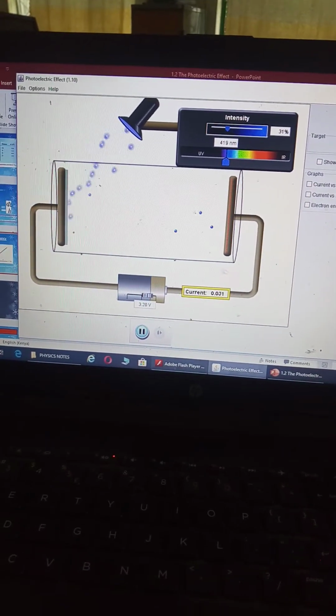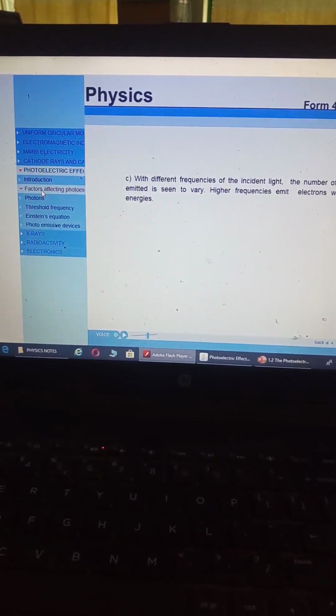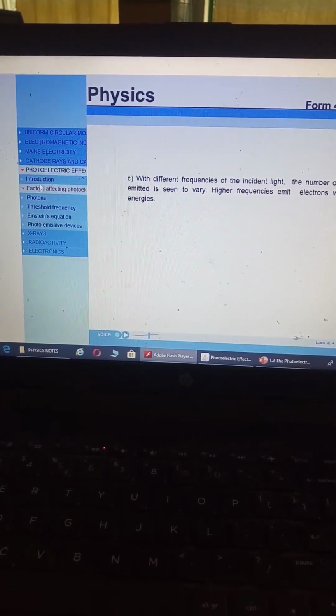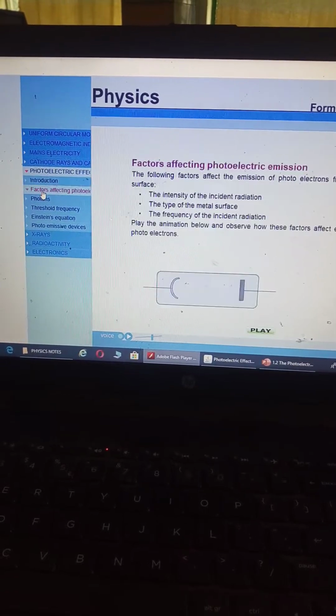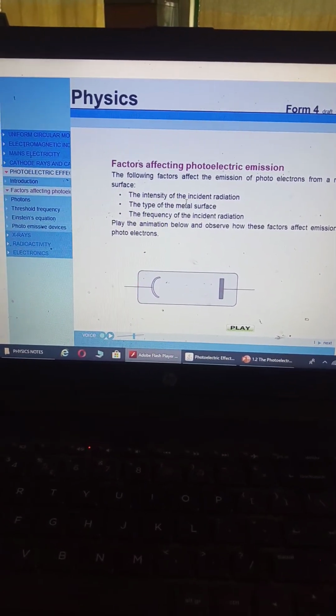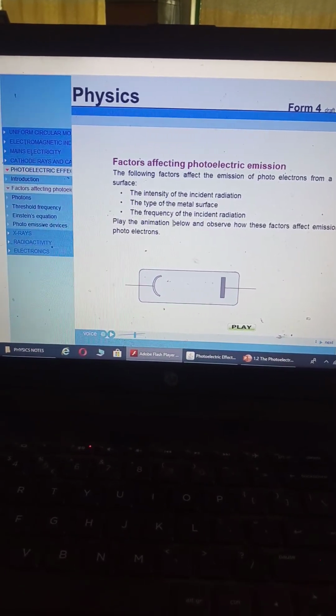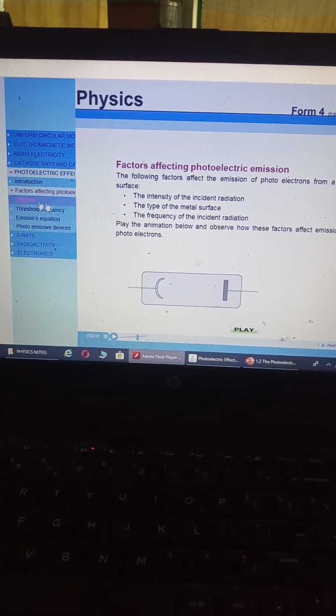With that very good summary, I want to say that the factors affecting photoelectric emission are the intensity of the radiation, the type of the metal surface because of the different work functions, and the frequency of the incident radiation.